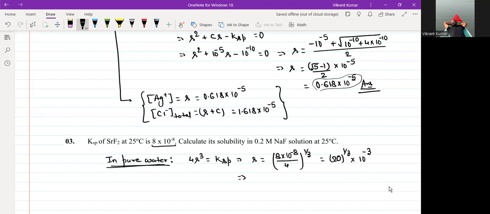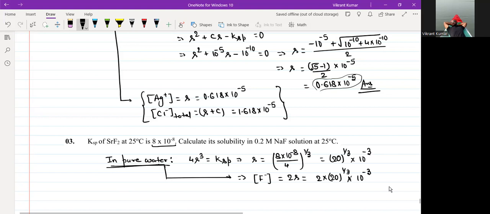लेकिन आई टोल्ड यू कि अगर क्यूबिक जैसा आने लगे ना, तो अजम्पशंस आर डेफिनेटली वैलिड, अदरवाइज यू कांट सॉल्व द इक्वेशन. वो भी आगे यूज कर लेंगे, बट अभी के लिए देख लेते हैं कि व्हाट विल बी द प्रॉपर मेथड. तो f माइनस इन प्योर वाटर ये कितना आता? तो दैट विल बी 2s, which means 2 times 20 raised to 1/3, which is having value in between 2 and 3, into 10 raised to -3. तो ये 4 से 6 के बीच का कोई एक नंबर होगा, into 10 raised to -3 is coming the solution of concentration of f minus.